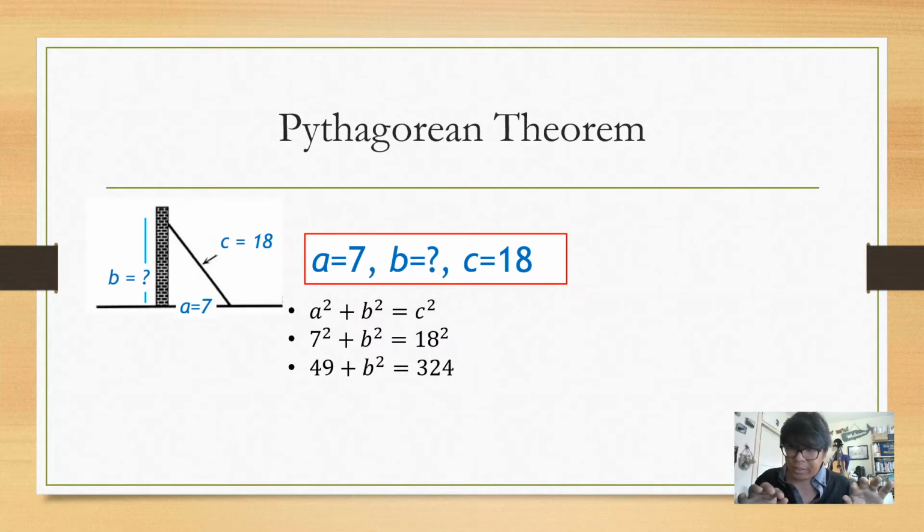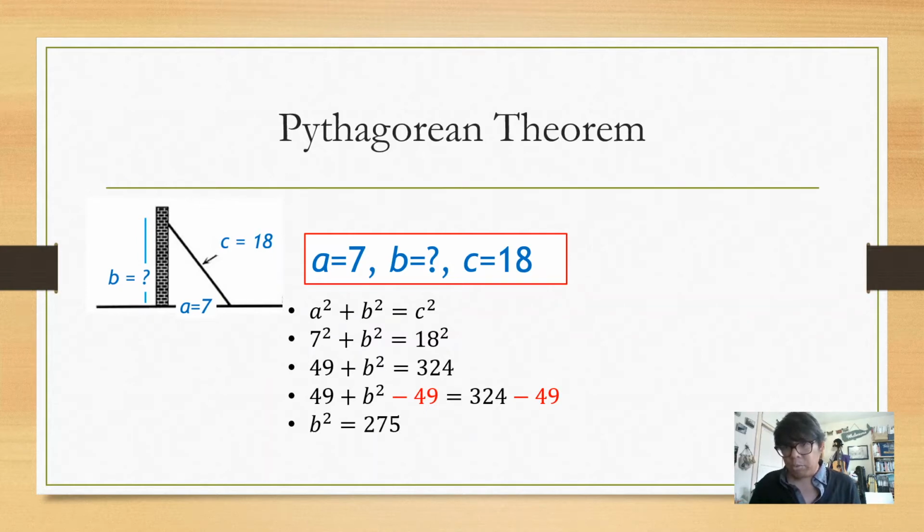Anything else needs to be moved to the other side of the equal sign. So I'm going to subtract 49 from both sides of the equal sign. That leaves me with only B squared on the left. 324 minus 49 is 275. Again, calculator. And then square root. So B is the square root of 275.